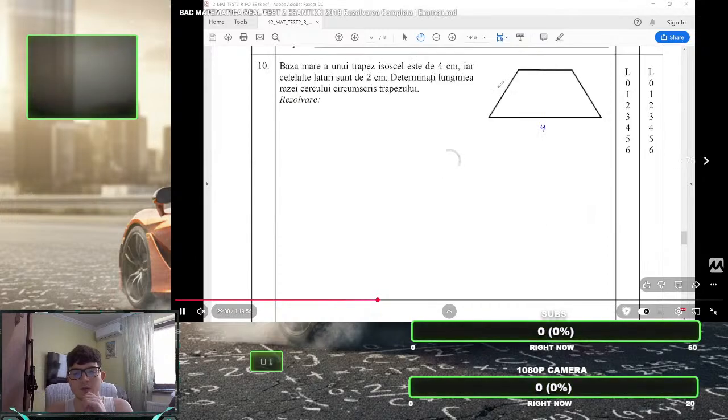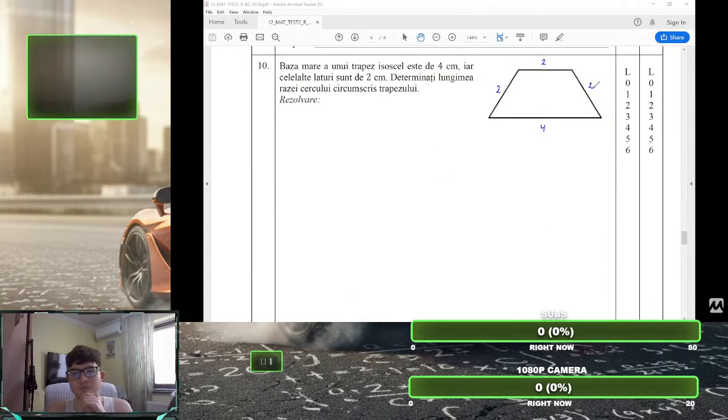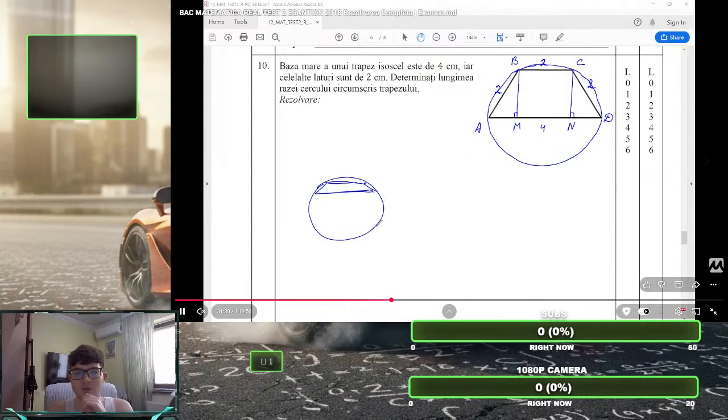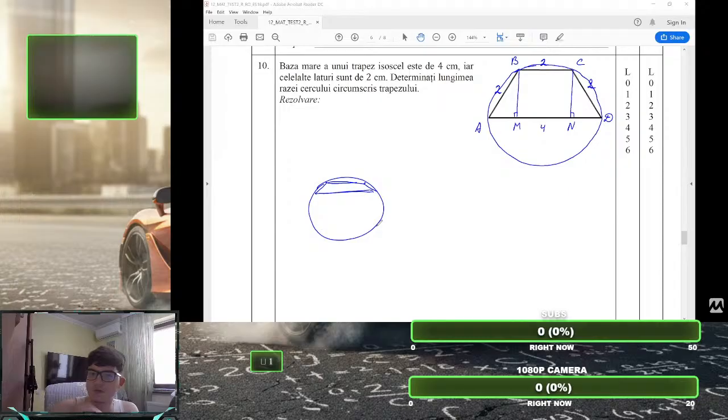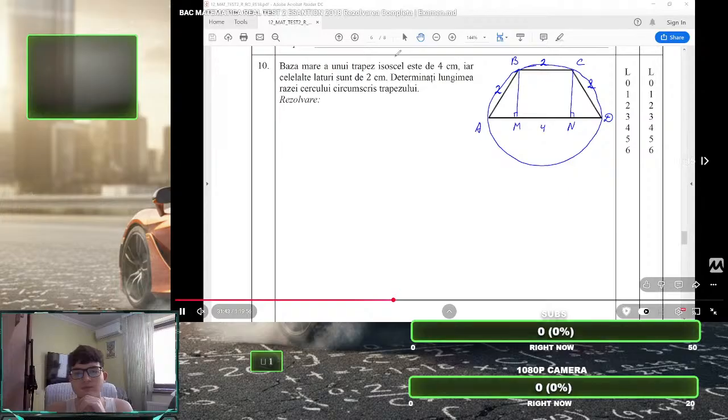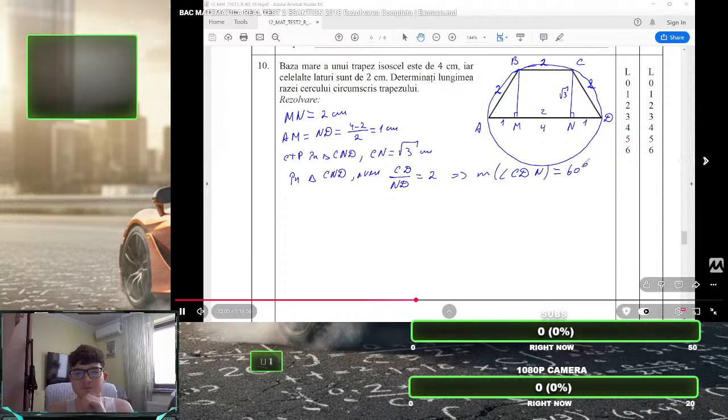Let's see, geometry stuff, huh? Like the easier geometry stuff. Still has a circle, so yeah. I wouldn't say it's that easy, bruv. Okay, we got a circle right here.